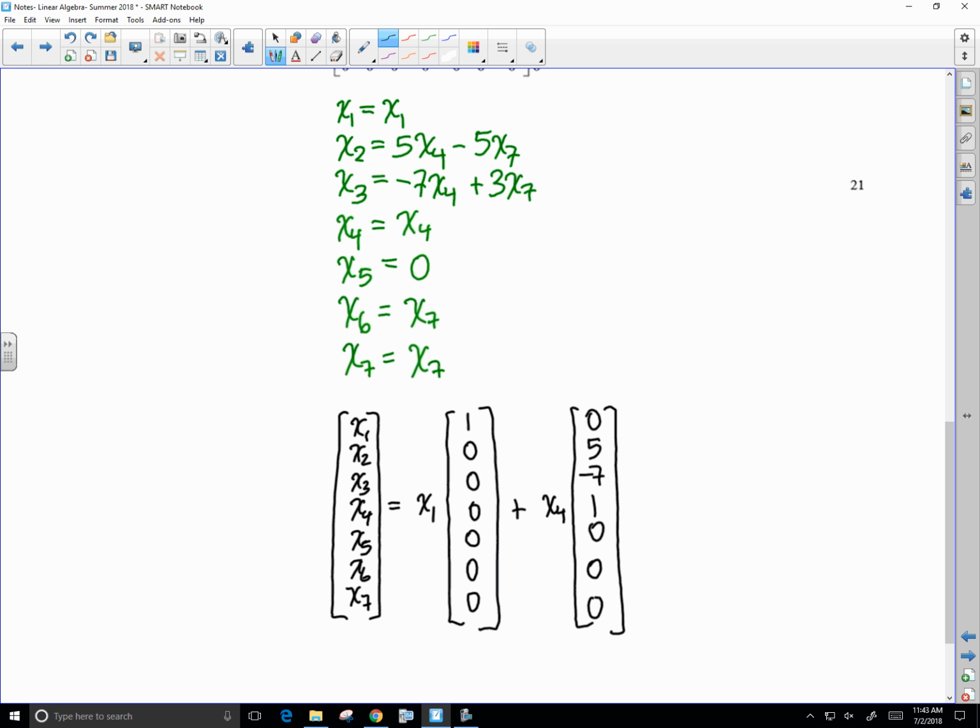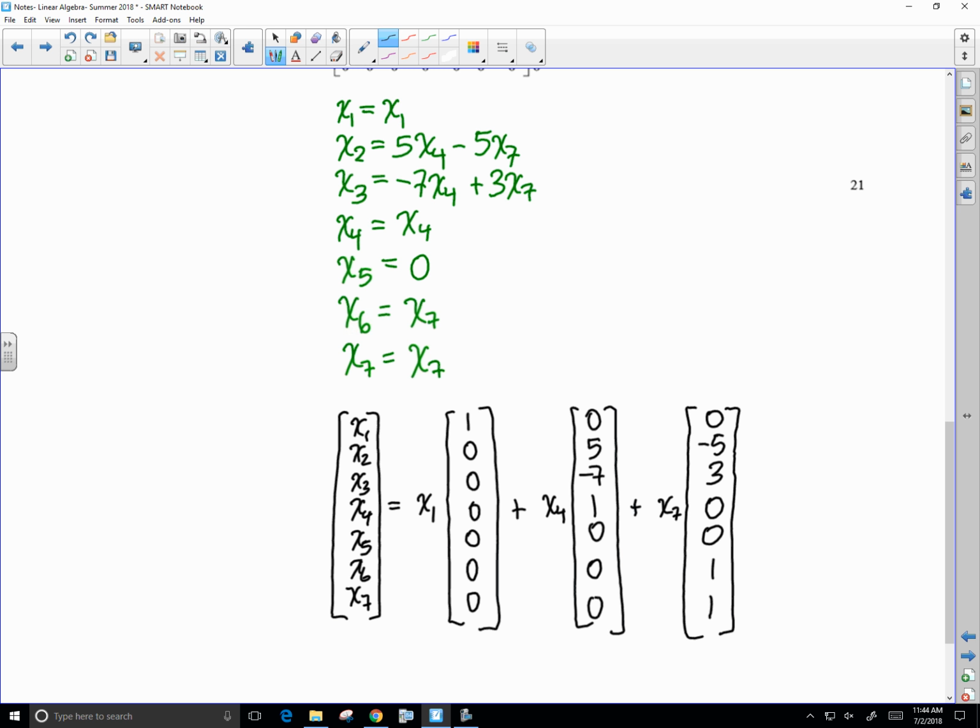Plus x7. No x7 in the x1 equation, a negative 5 in the x2 equation, a 3 in the x3 equation, nothing in the x4 equation, nothing in the x5 equation, then 1, 1. All right, so that seems to be our parametric form.